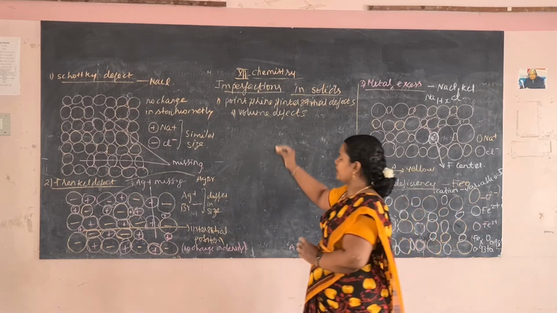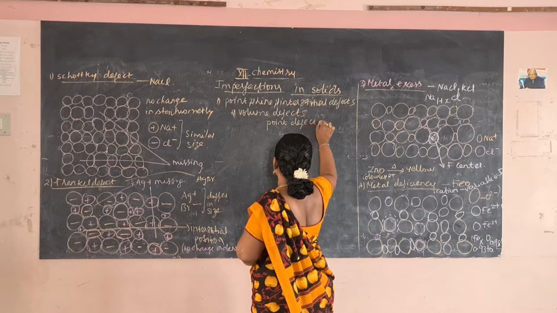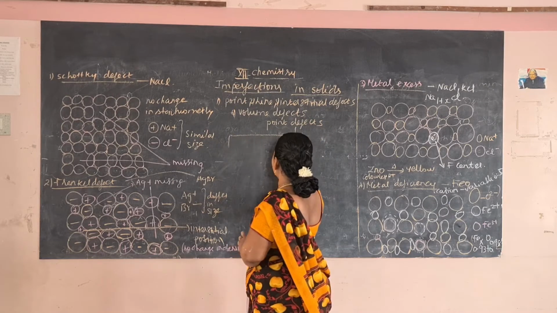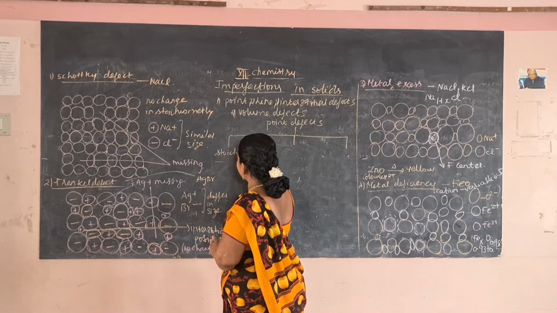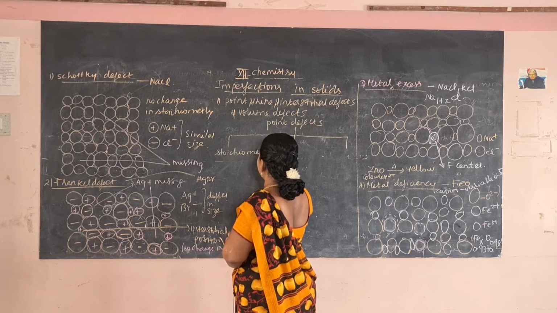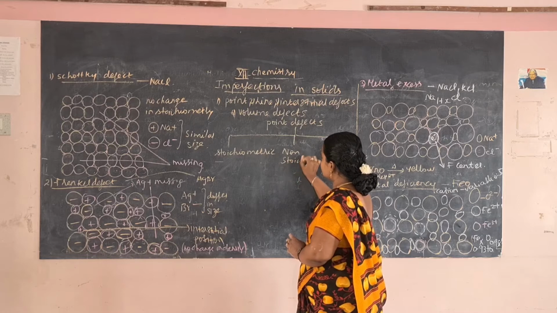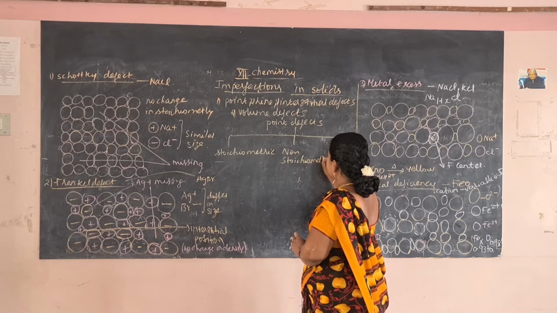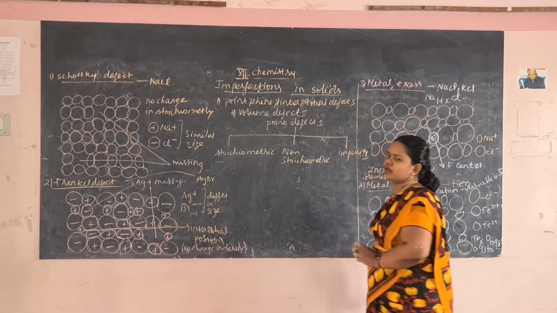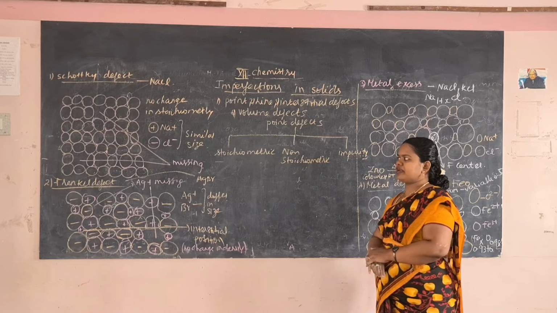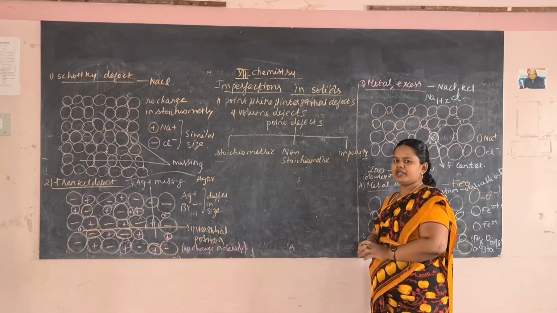Point defect is again classified into three types: one is stoichiometric defect, second one non-stoichiometric defect, and the third one is impurity defect.